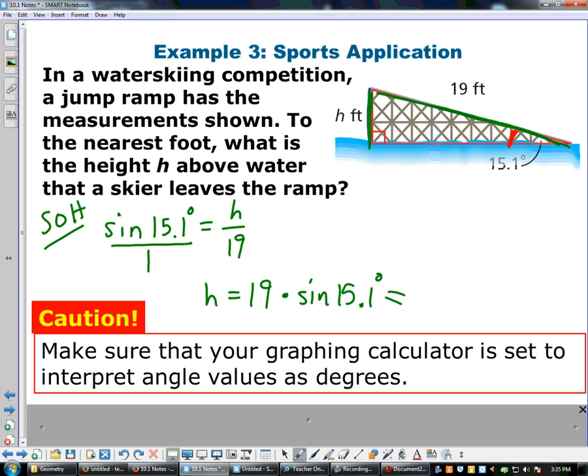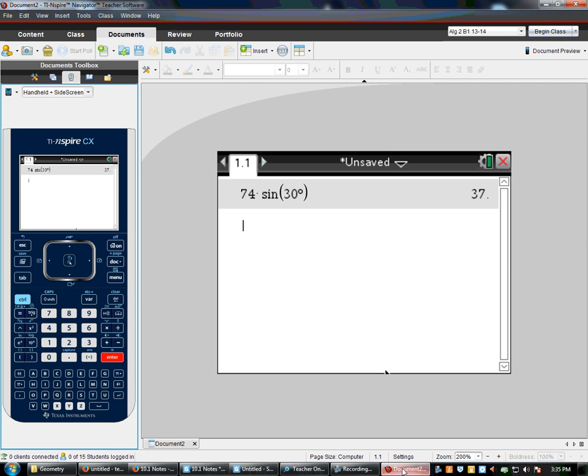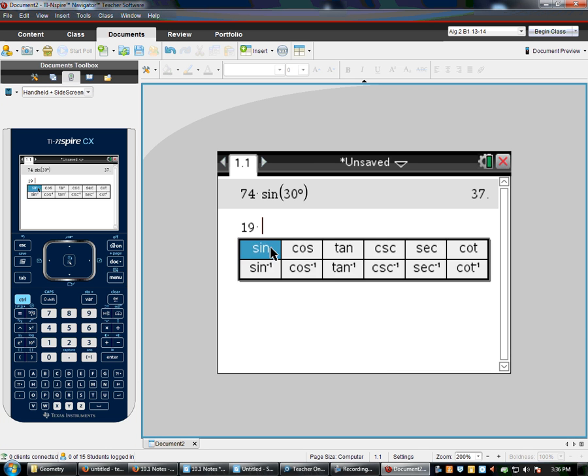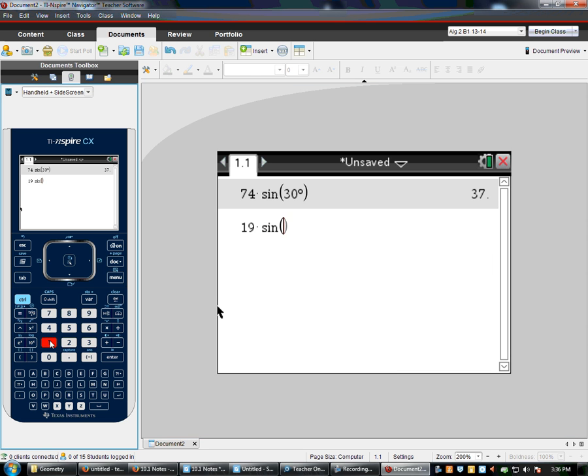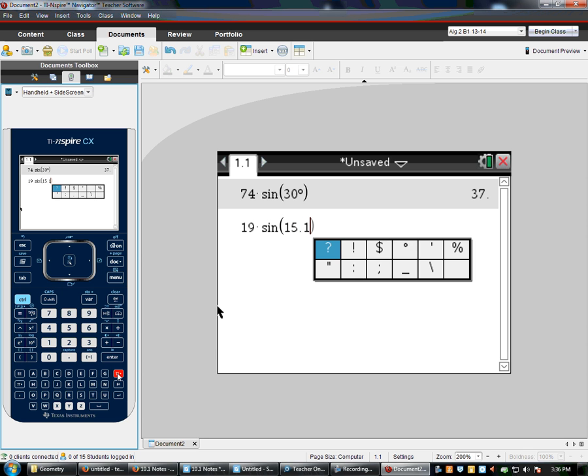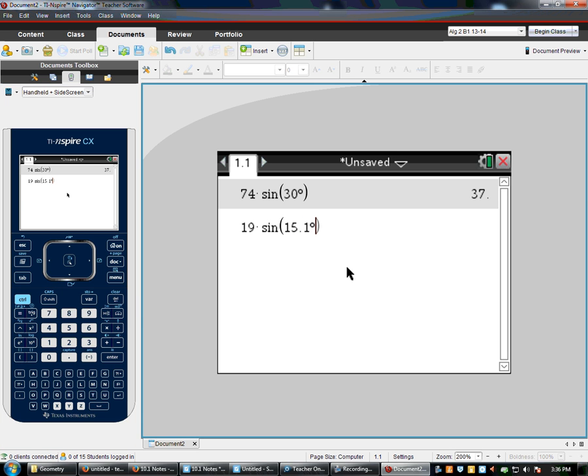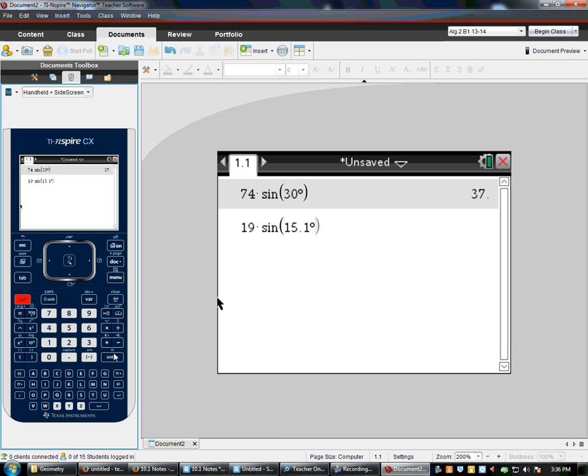And so when we grab our calculator to do this, we're going to type in 19 times the sine of 15.1, and remember to put in the degree symbol here with the question mark button, degree symbol, and that means it is approximately 4.95.